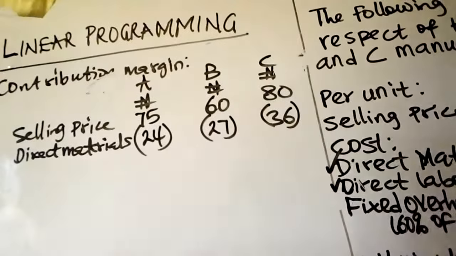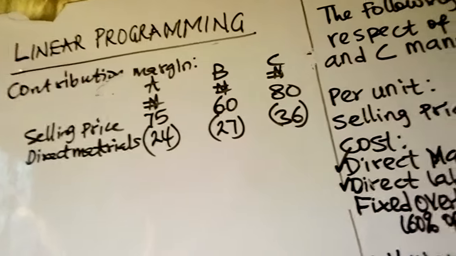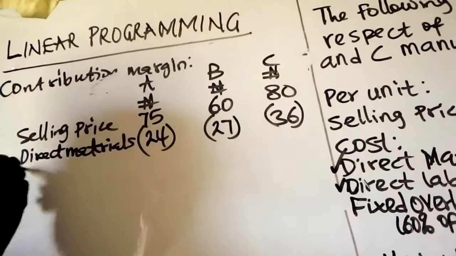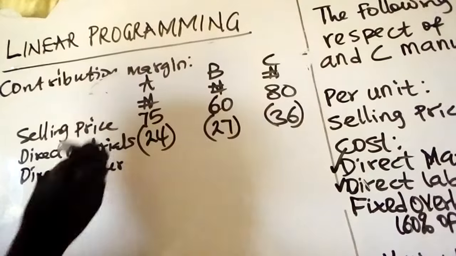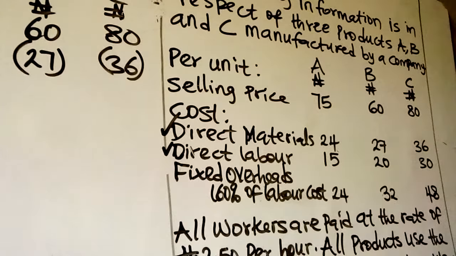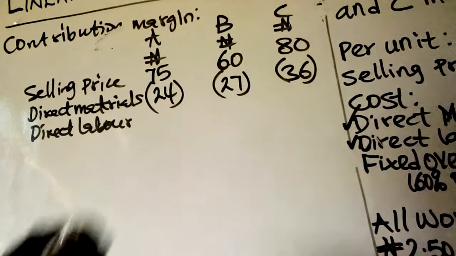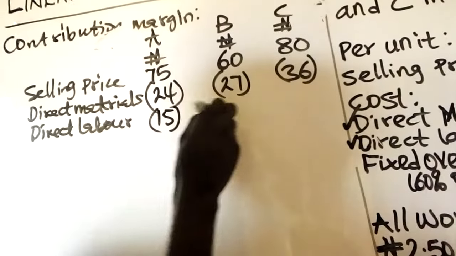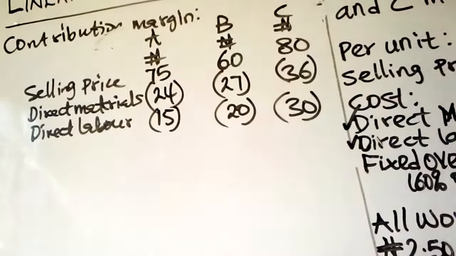Then we also have direct labor as the other variable cost. Direct labor, we have 15, 20, and 30. These are the variable costs.